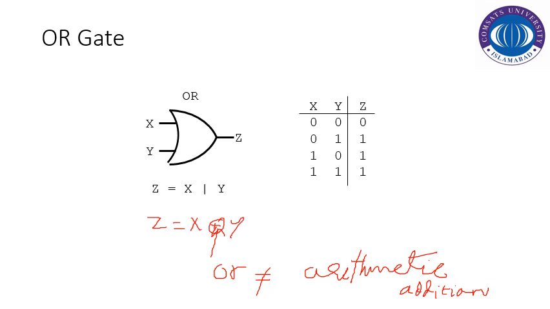So don't confuse the two terms; the context is important here. This plus sign is used in the context of the OR operation rather than arithmetic addition.